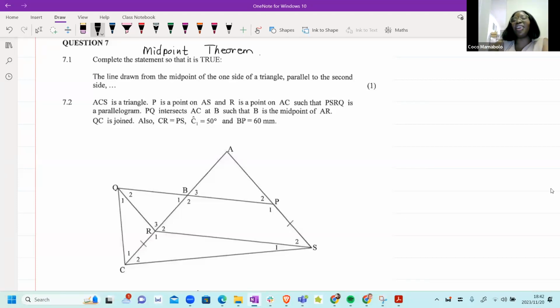Okay, let's start having a look at the question. Question 7.1 reminds us of what the theorem says. It says, the line drawn from the midpoint of one side of a triangle parallel to the second side does what? If it's parallel to the second side, what's going to happen to the other side? It will what?